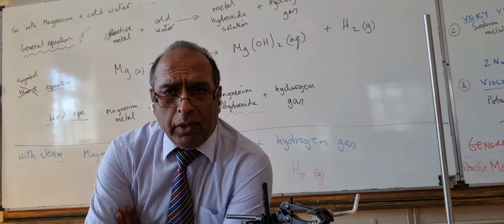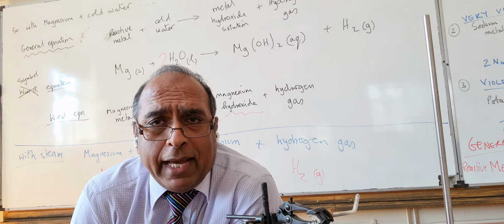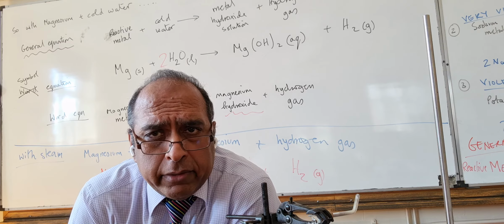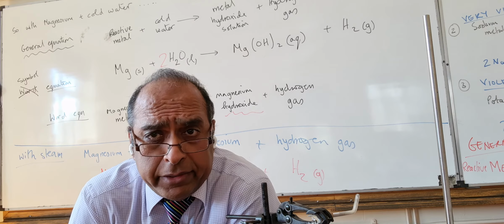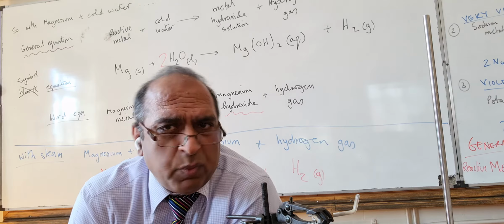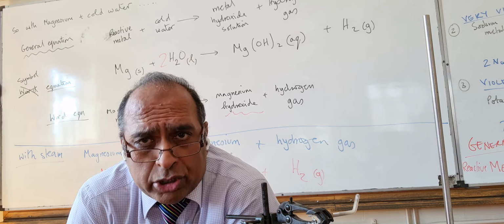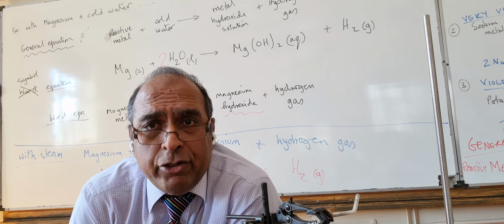So I want you to know that there's a fundamentally different reaction that happens when we have steam reacting with metals. When steam reacts with metals, you get oxides. When liquid water reacts with metals, we say cold water, but we mean liquid water, you get metal hydroxide.